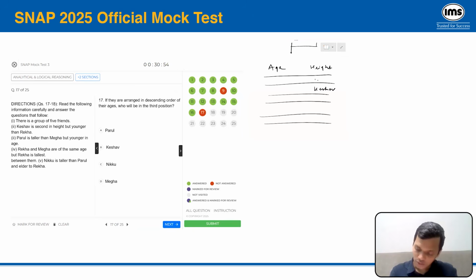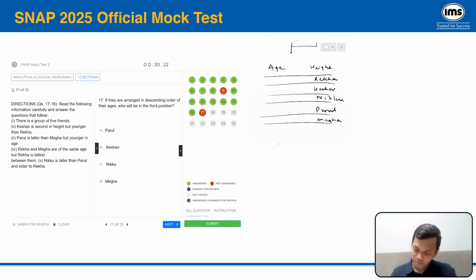Rekha is tallest between all of them. Niku is taller than Parul, and Parul is taller than Megha. At least from the height, I think we are done.